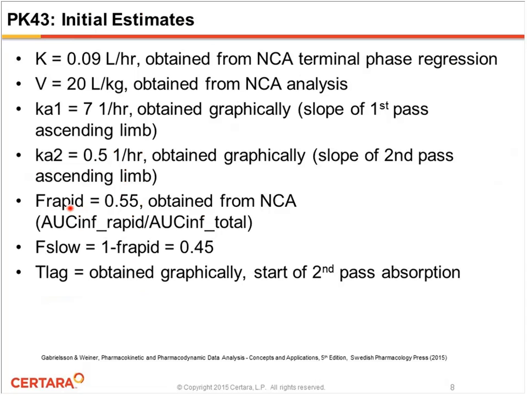The fraction absorbed via the rapid buccal route can be obtained from NCA. If one were to calculate the AUC following the buccal route divided by the total AUC for the entire profile, one can get an initial estimate for the F rapid. And then lastly, T-lag is straightforward to obtain graphically. It's simply the start of the second pass absorption.